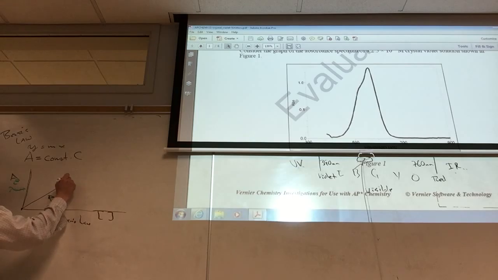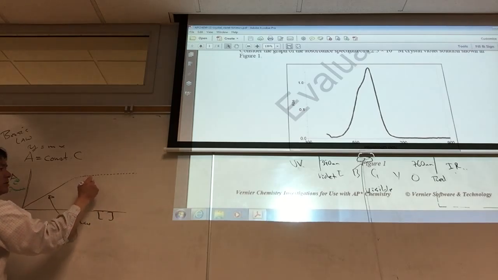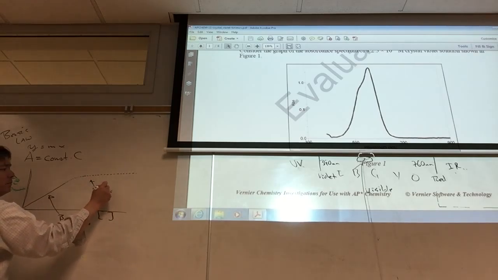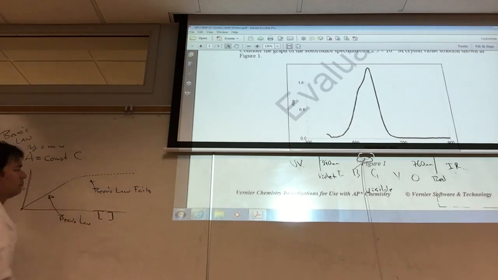At high concentration, it no longer is linear, but becomes nonlinear and just flattens out. And so Beer's law fails. Well, what is that concentration? What is high concentration? High concentration depends on what you're looking at, because it changes depending on what you're looking at.